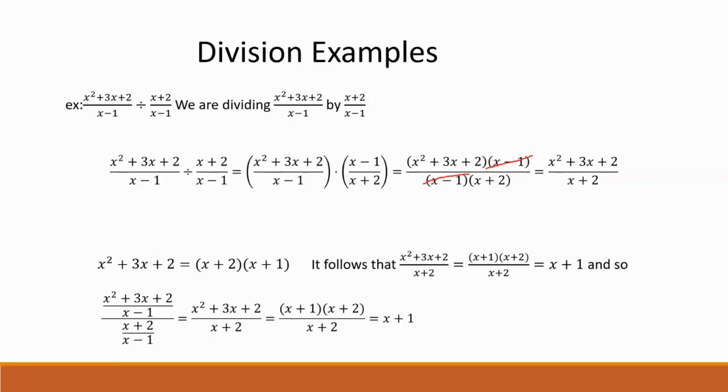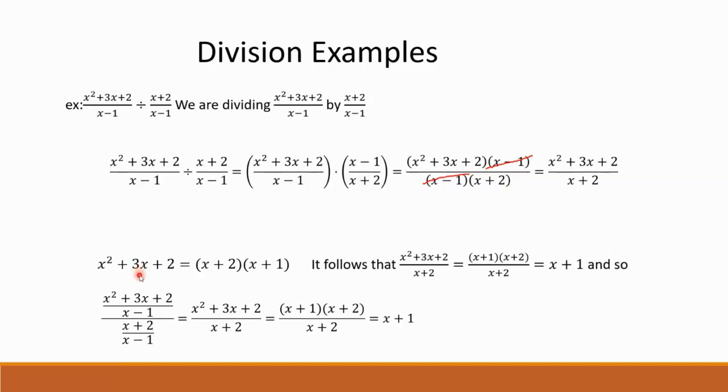The problem is, we're not quite done, right? Because of x squared plus 3x plus 2, we want to know, can you factor this? This one's actually pretty easy to factor. That's why I did not approach this using synthetic division. I think we have factored this before.